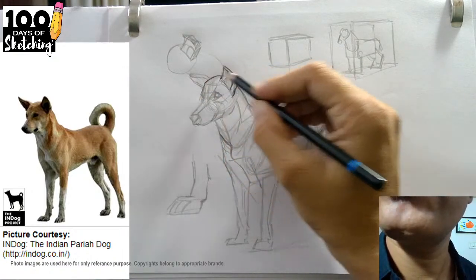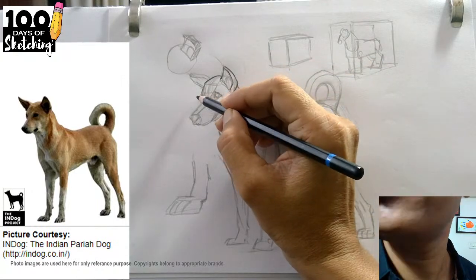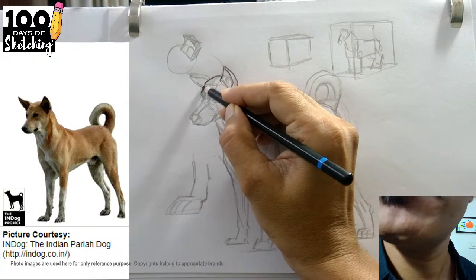Whatever I drew first was a spare outline, but now I'm giving some sharp lines to that.